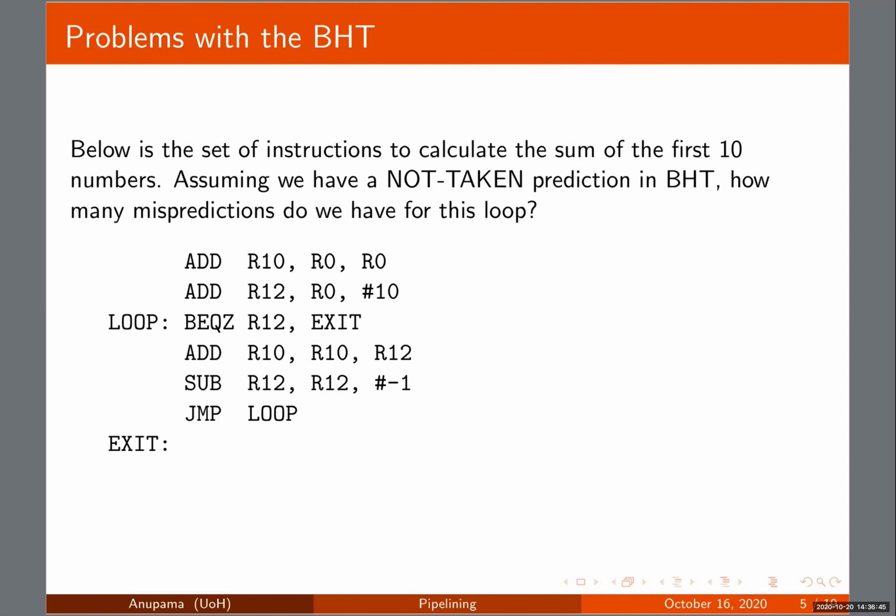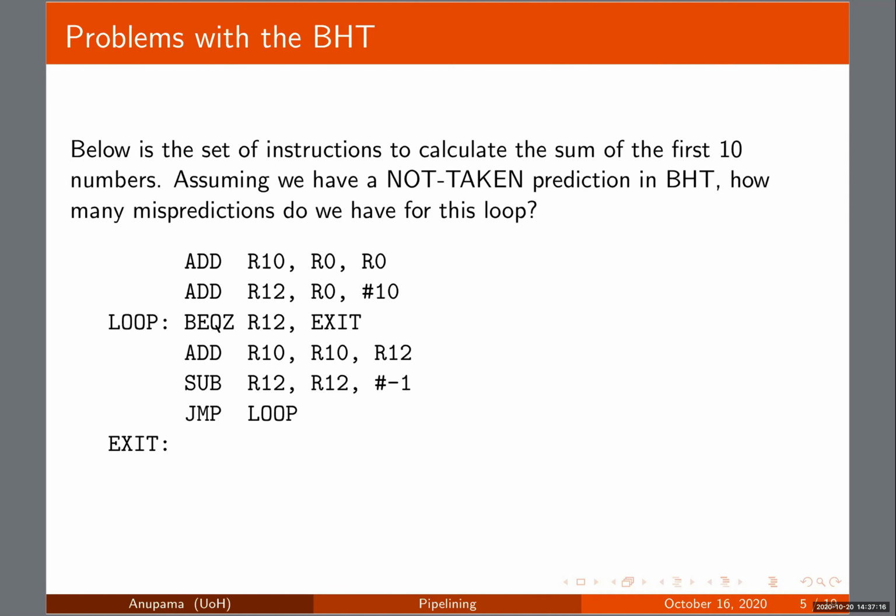Basically, when you say BEQZ R12, exit, that's a branch. So you're saying this branch will not be taken. So you will fetch the add instruction. JMP loop, you'll assume it's not taken the first time. Now, how does the BHT work? Whenever its prediction is wrong, whatever the actual action that has been taken, it updates the table.